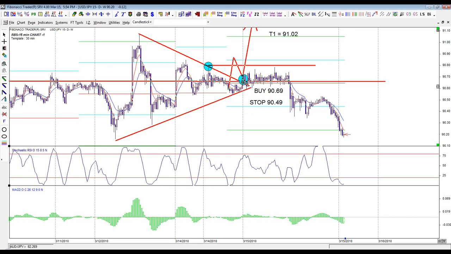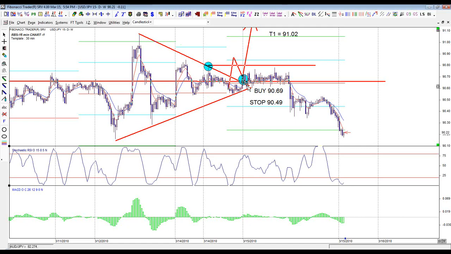Now, another thing, let's talk about pennants and news announcements. Let's say the market has been going bullish. We have a news announcement. The price is narrowing.